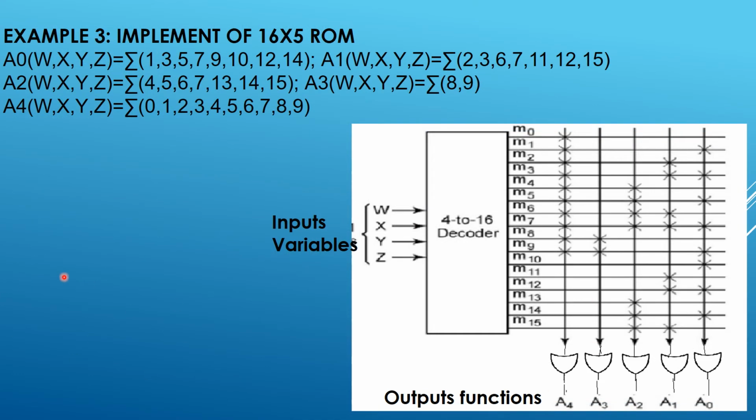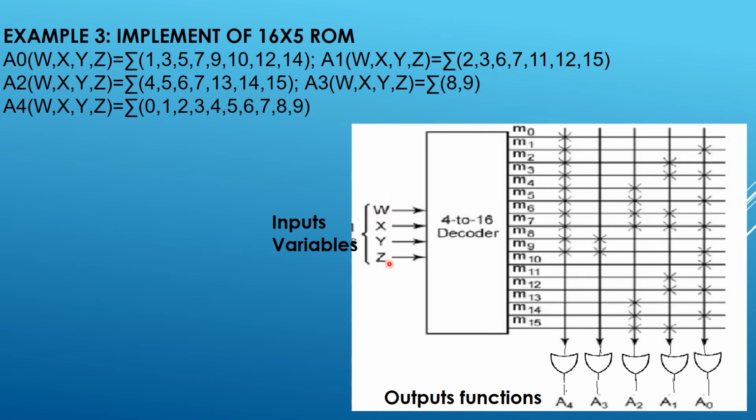Look at another problem, how to construct a 16 cross 5 PROM. So here it has got 16 output lines from the decoder and 5 output functions. So this is 2 to the power of 4. So your decoder should have 4 input variables. Say here it is w, x, y, z.